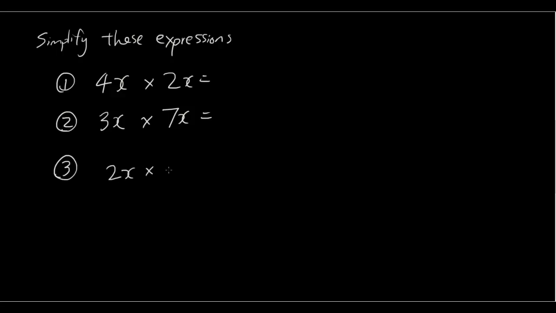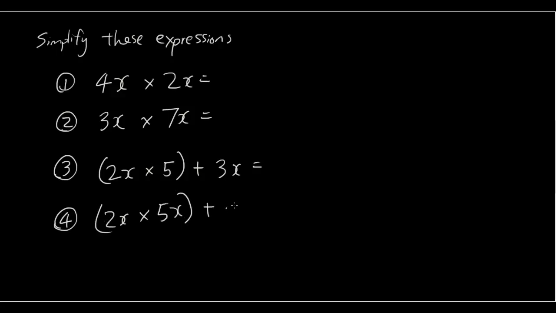Number 3, 2x times 5 plus 3x. Number 4, 2x times 5x plus 2x squared. Number 5, 5x times 3y plus y. Try these questions, come back and check the answers when you're done.